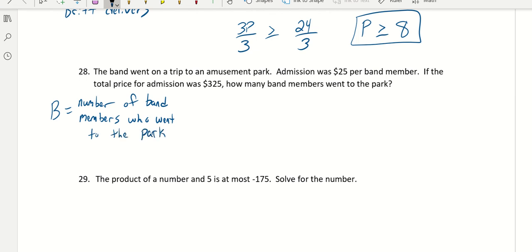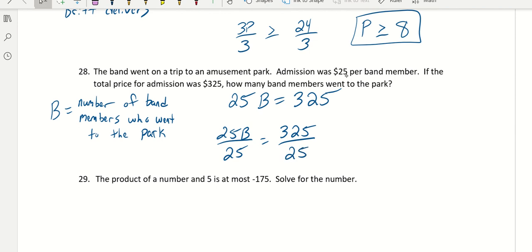Okay, and if it's $25 per band member, so if 1 band member is $25, if 2 is $50, if 3 is $75, 25 times B, they spend a total of $325. We divide by 25 on both sides. Let me actually do that in a separate step. 25B, we divide by 25. 325, we divide by 25.